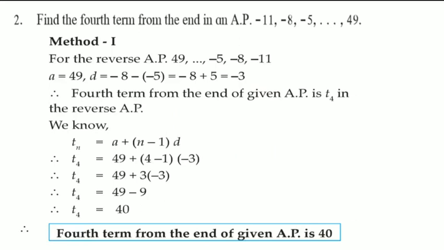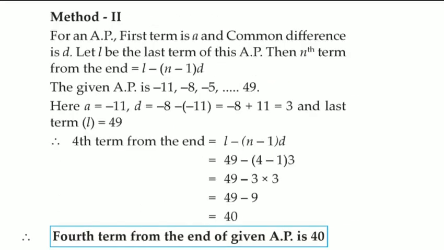Okay. So in the second method, the AP is taken as it is. It is not reversed. So here the given AP is -11, -8, -5 up to 49. But here the first term is A and the common difference is D. Like for Tn we are taking A as the first term, here we will take L as the last term.